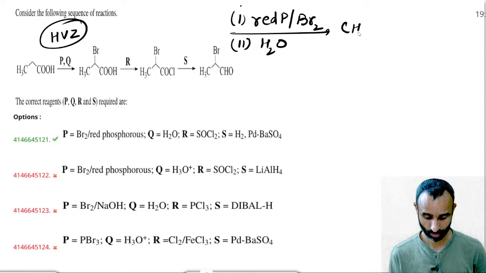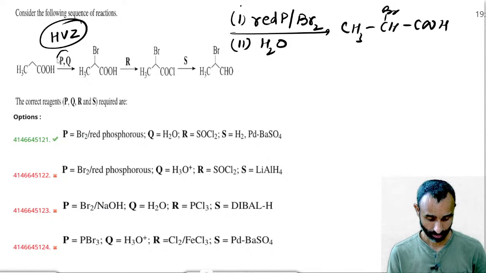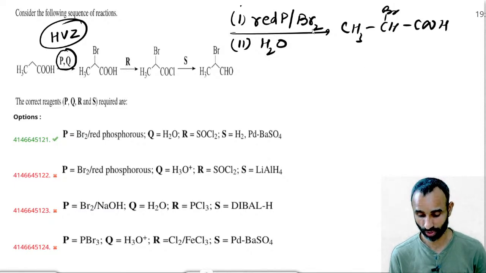So we get CH3CHBrCOOH. Otherwise, we use red phosphorus, Br2 and H2O actually to get this product.